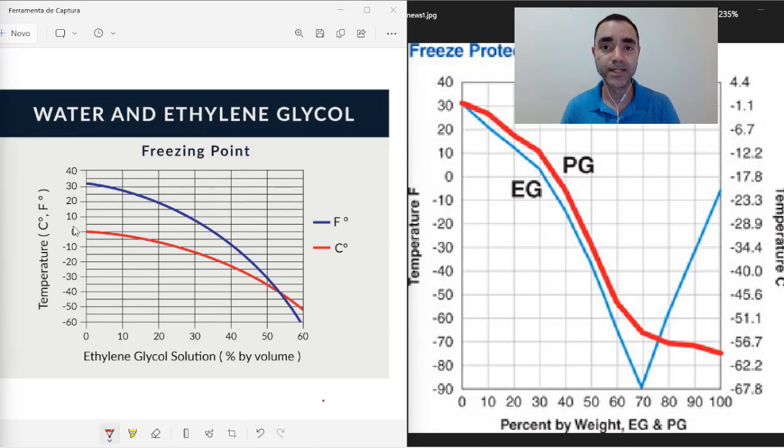Let's suppose now that I will deal with minus 10 Celsius degree. So if my process must have a coolant at minus 10 Celsius degree, I can come from this chart by percentage in volume. I can look here, minus 10 Celsius degree, and I will have around 25% in volume of ethylene glycol.